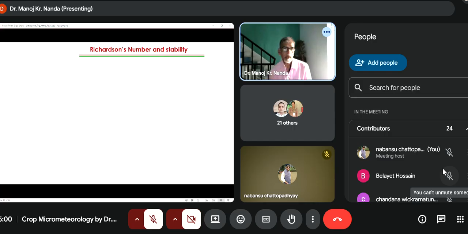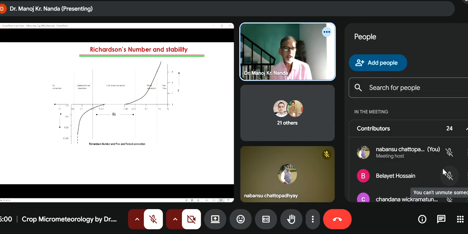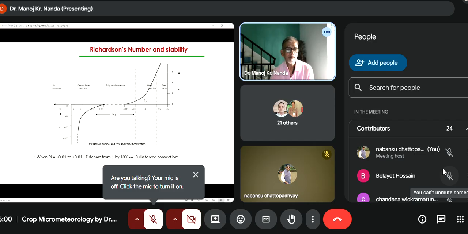Now, this is a graphical presentation of Richardson number and stability. See, this is poorly forced convection, that is neutral stability condition. And this is damping of forced convection, that is as you are going to inversion situation. And this is where upward motion is predominating, meaning there is a free convection zone.